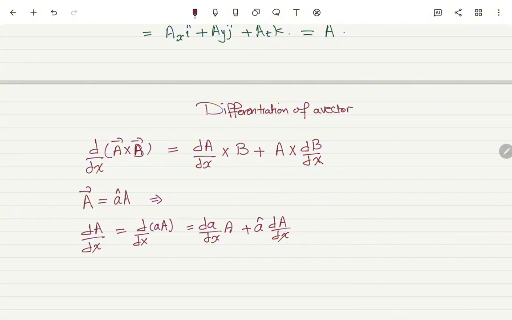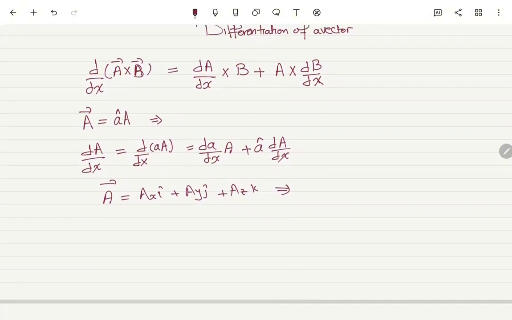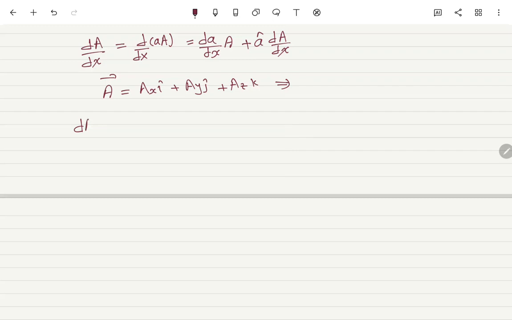So in the case of Cartesian coordinates, assuming that A as a vector equal to Ax i plus Ay j plus Az k, in this case here, dA by dx equal to dAx by dx i hat plus dAy by dy j hat plus dAz by dz k hat.